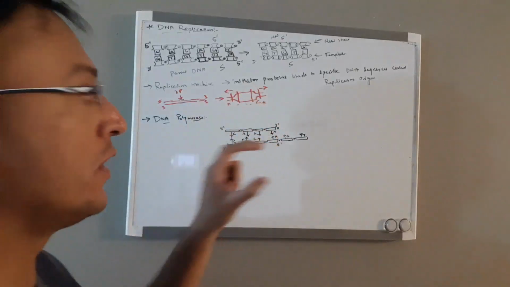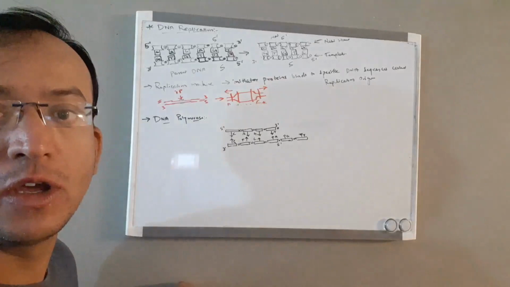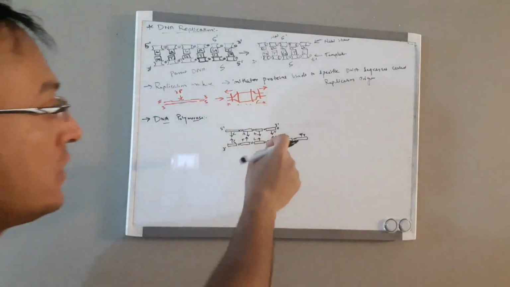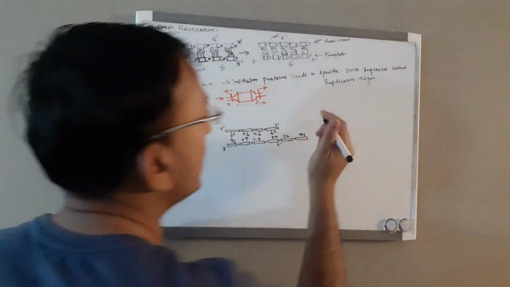The new incoming nucleotide for the polymerization reaction will enter this reaction as a deoxyribonucleoside triphosphate.